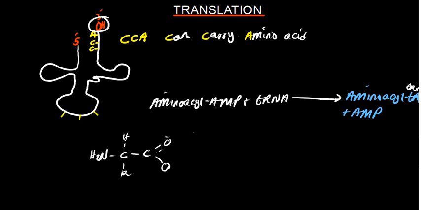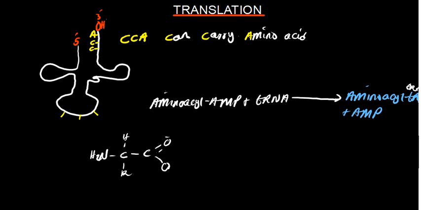As a result, we see that amino acid being attached at the 3' end, like that. So it is the C terminal end of that amino acid which attaches itself, or forms a bond, with the 3' end of the tRNA. So that's what happens. So each and every amino acid will have to undergo the process of aminoacylation, activation and charging, then attachment of that amino acid at the 3' end.